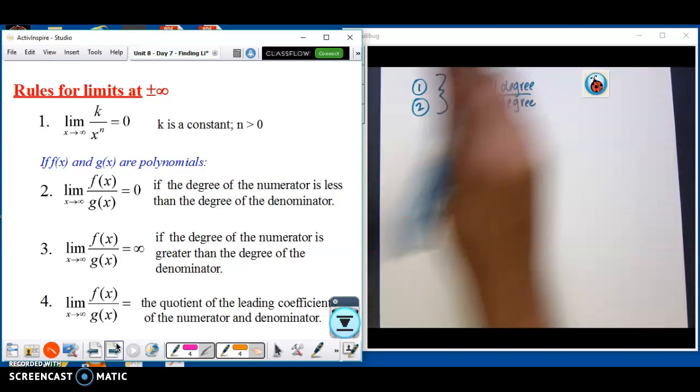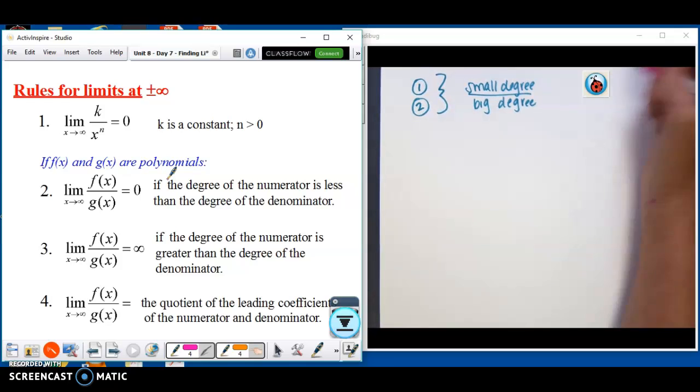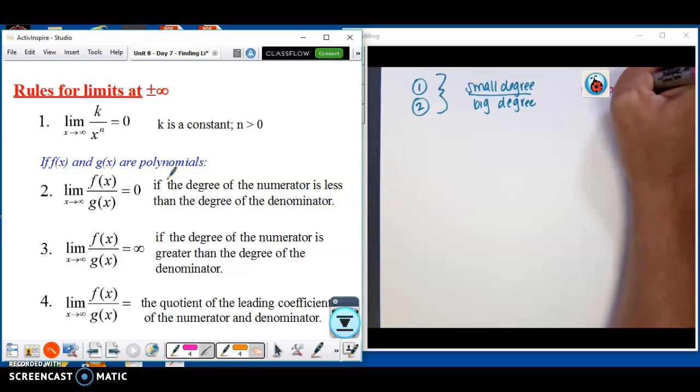If the degree of the numerator is less than the degree of the denominator, or it's just a constant, like 3 over x to the third, then the limit will be equal to 0. So the horizontal asymptote is at 0.